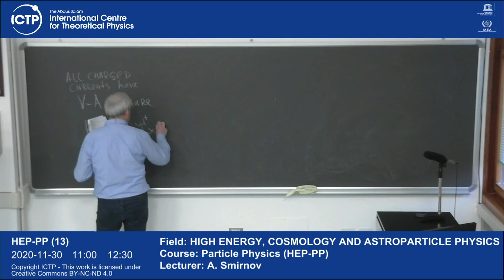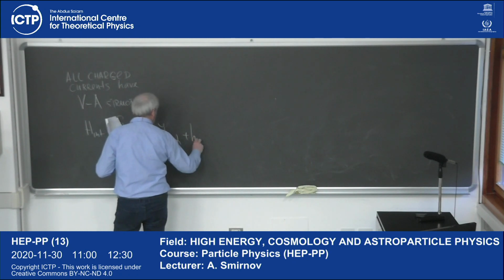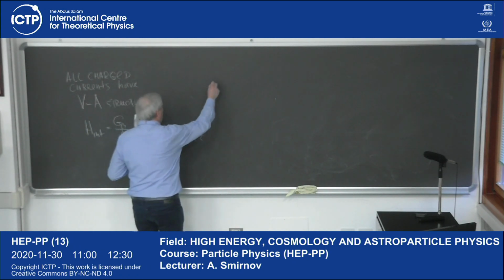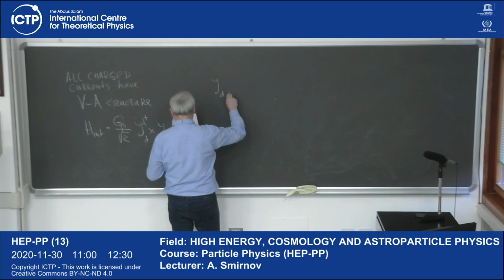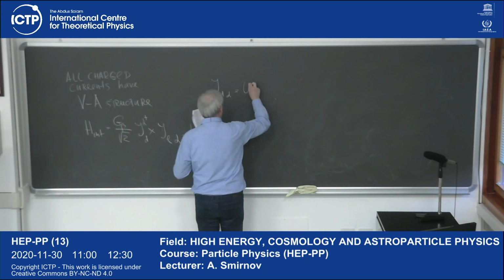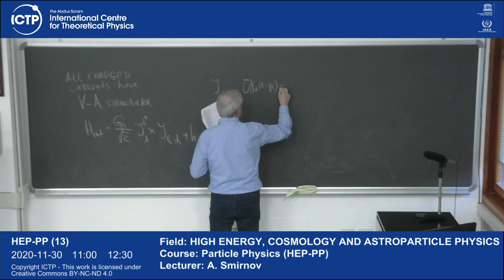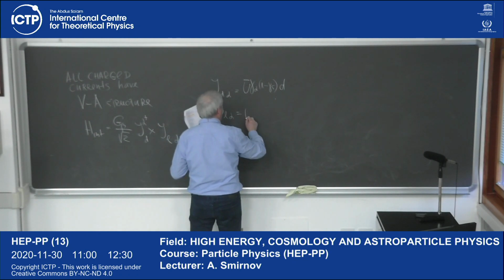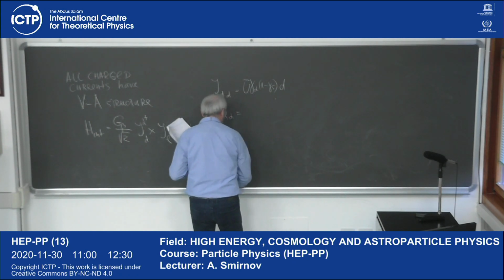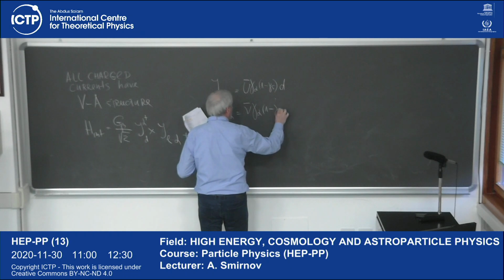So we can put here G L, leptonic alpha, plus Hermitian conjugate, and G quark alpha is U bar gamma alpha (1 minus gamma 5) D, and G L alpha is actually neutrino. So have this not conjugated, it will be neutrino gamma alpha (1 minus gamma 5).